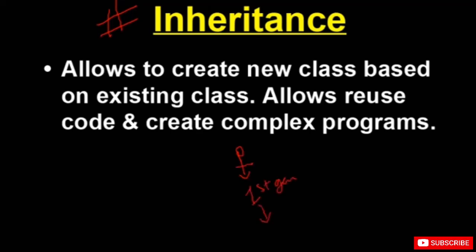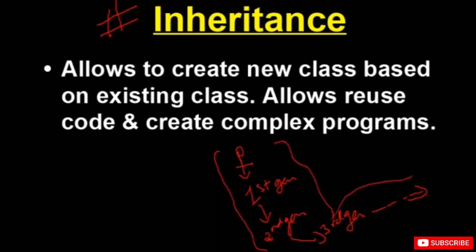So that's pretty much what inheritance means in biology. The very same thing happens in Python too. It allows us to create new classes based on existing classes, reuse code and create complex programs.